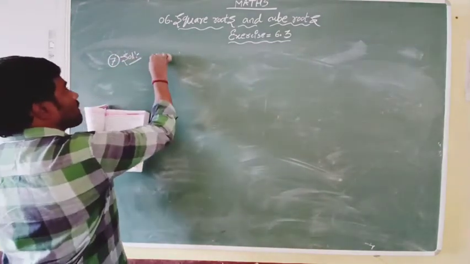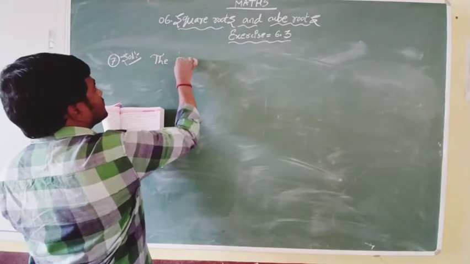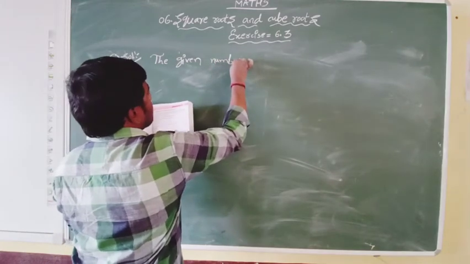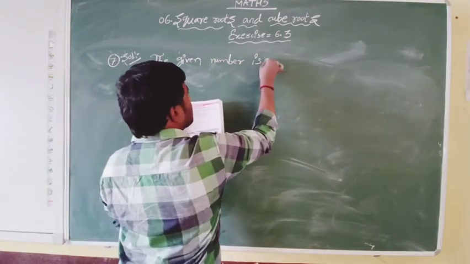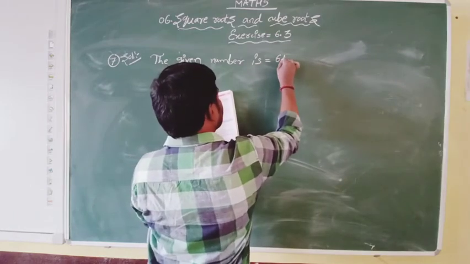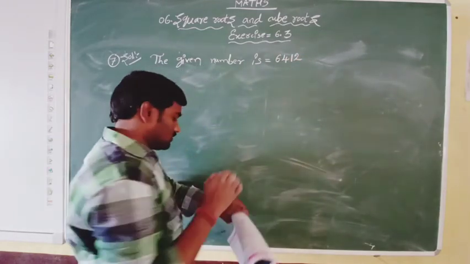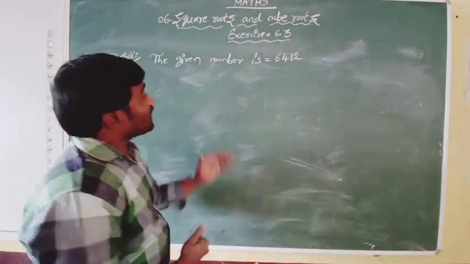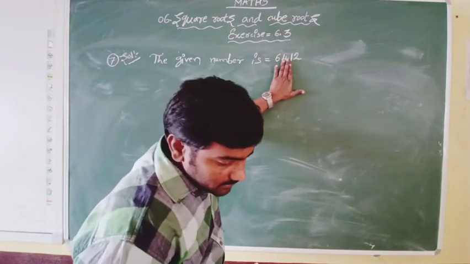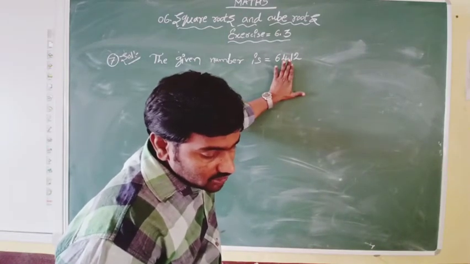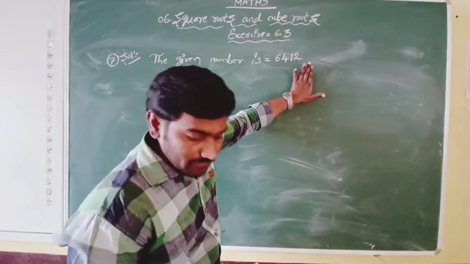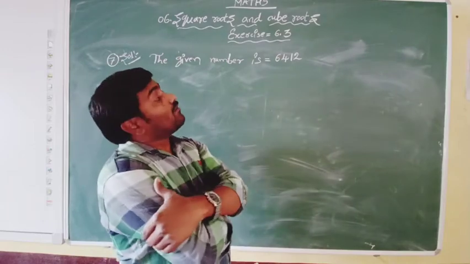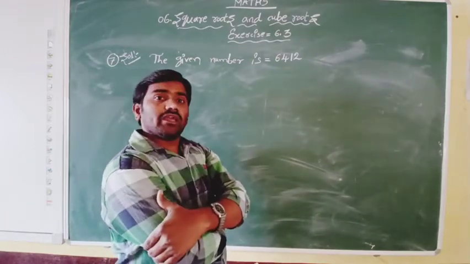The given number is 6412, similar to the previous problem. What least number has to be added to this? It is not a perfect square, it seems. What number should be added to this to make a perfect square?